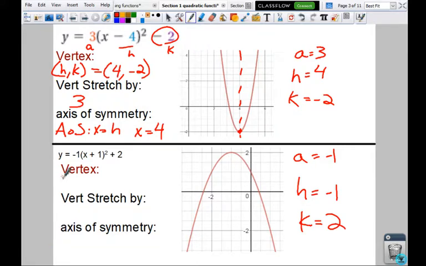Alright, our vertex is at h, k. So if I'm going to look at my numbers, and I've already labeled here for A, H, and K, what's my H? 1 or -1. -1. What's my K? 2. My vertex is at the point -1, 2, which, when we look at our graph, is right here.